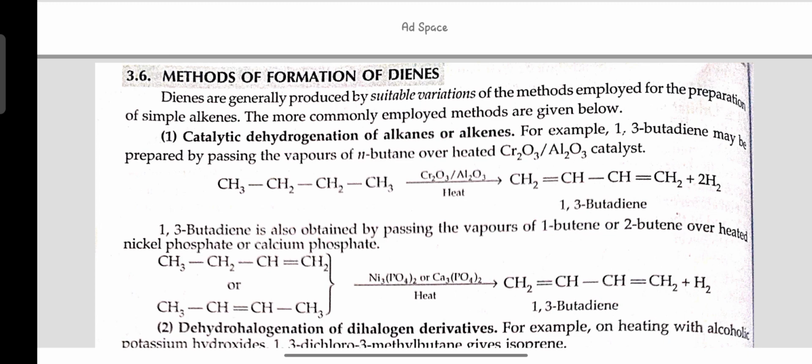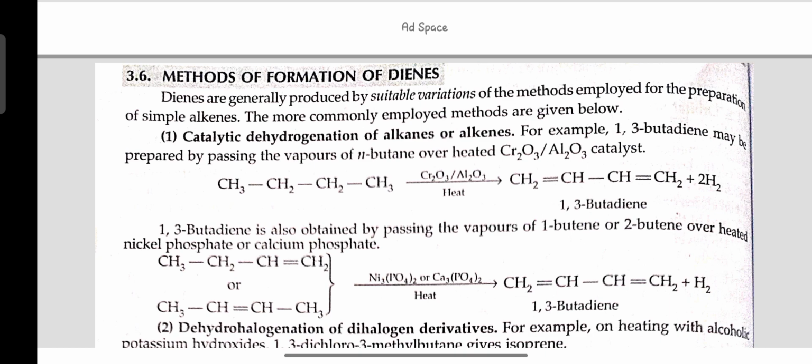Methods of formation of dienes. Dienes are generally produced by suitable variation of the methods employed for the preparation of simple alkenes. The more commonly employed methods are given below. First, catalytic dehydrogenation of alkane or alkene.